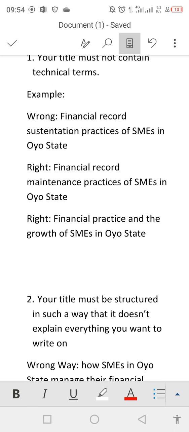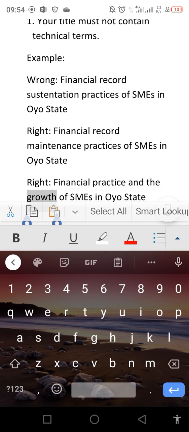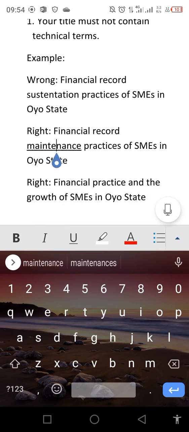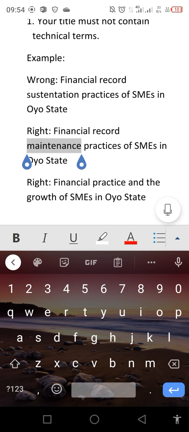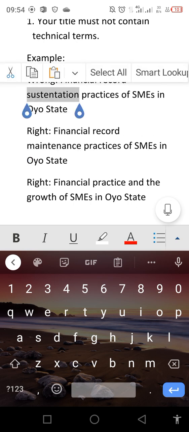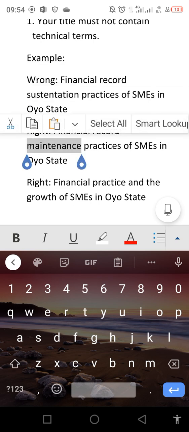You know the difference between the two, the right and the wrong. The right contains maintenance, while the wrong contains sustentation. Now, the synonym for maintenance is sustentation. So if I say sustentation, of course, I'm still talking about maintenance.